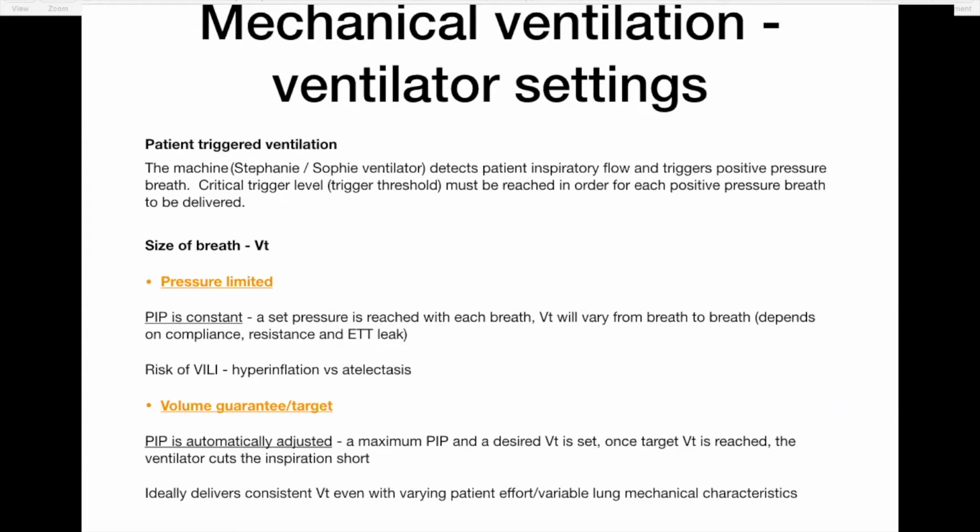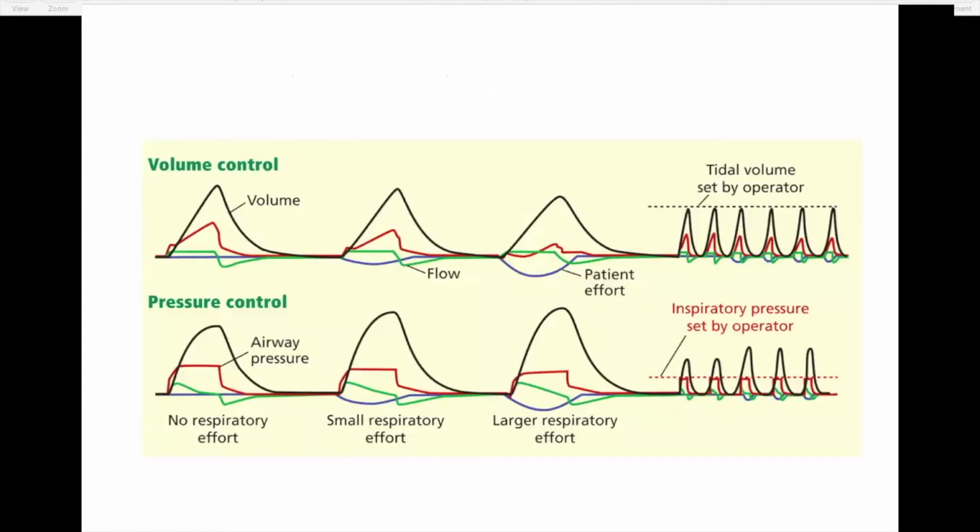And once our target volume is reached, the ventilator cuts the inspiration short. So ideally, this volume targeted ventilation delivers a consistent tidal volume, even with varying patient effort or variable lung mechanical characteristics like the compliance and the resistance. On the top, you can see that we are going to set a tidal volume, and depending on the lung mechanics and also the ETT leak, our machine is going to adjust the working PIP that the baby needs.